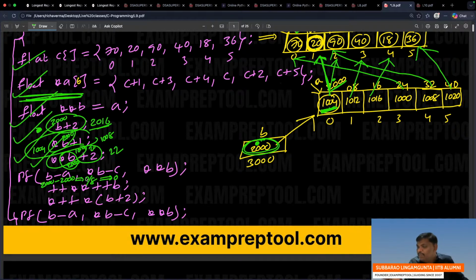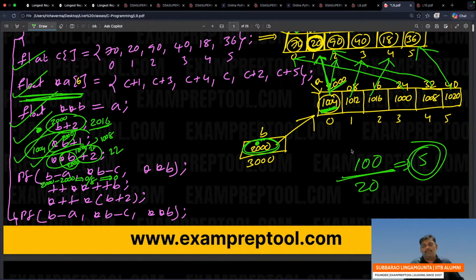If you want the number of elements, total memory size divided by one element size will give the number of elements. Suppose the total cost is 100 rupees, but one apple costs 20 rupees. Then 100 by 20 means 5 apples I bought.